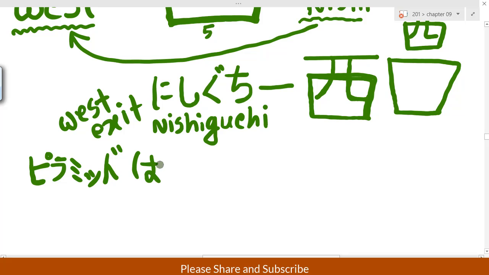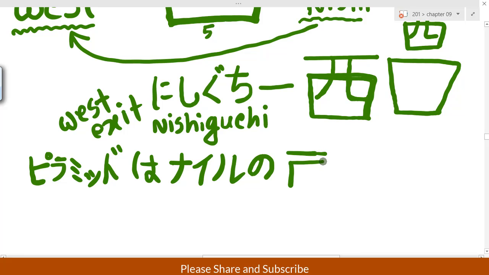Pyramid. Piramido wa Nairo no nishi ni arimasu.